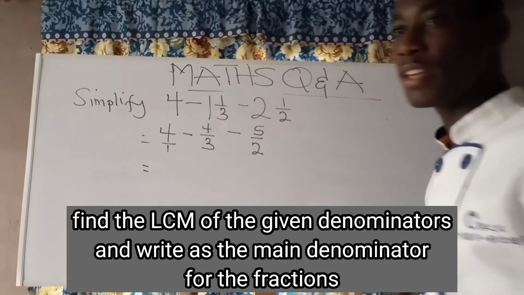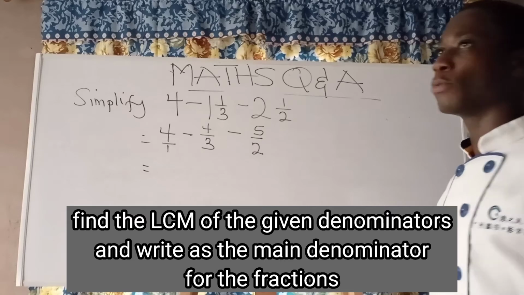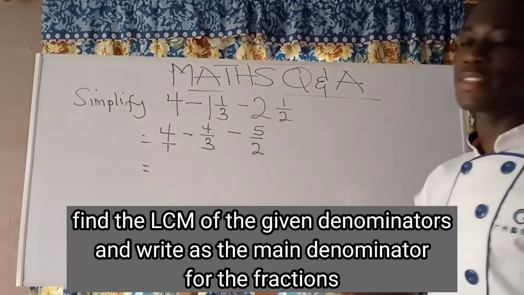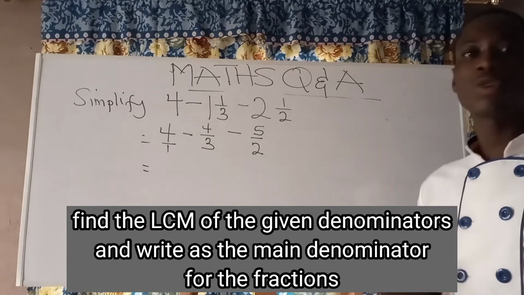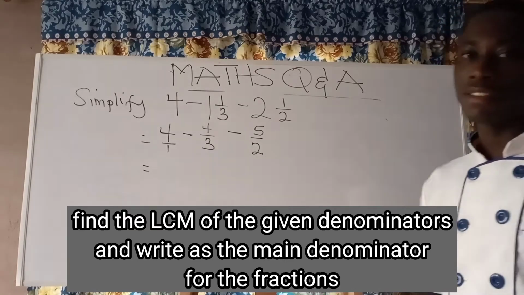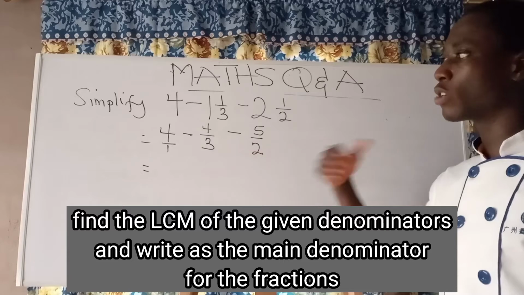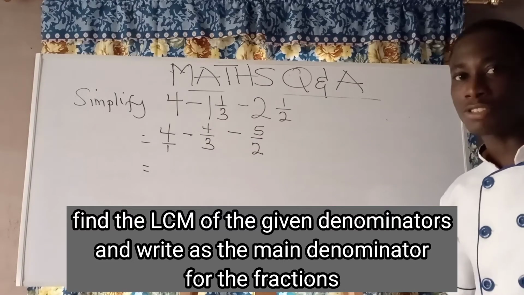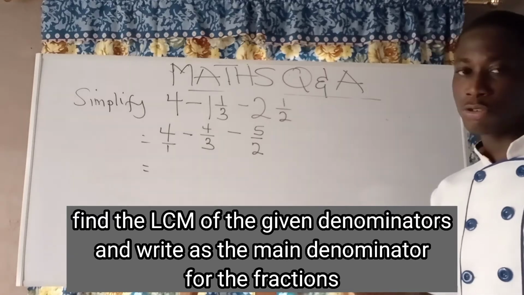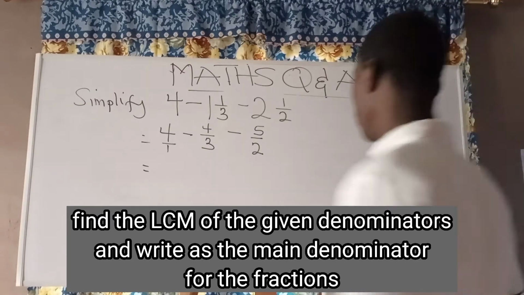By finding the LCM, you have to figure out the multiples of the given numbers, find which ones are common, and from the common ones, which one is the least. We have 2 ways of doing that: the listing method or the prime factorization method. Let's use the listing method for simplicity.